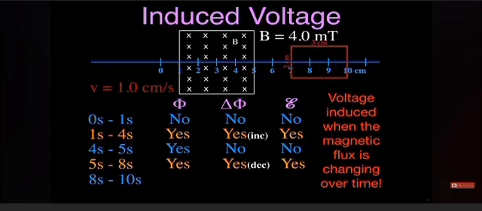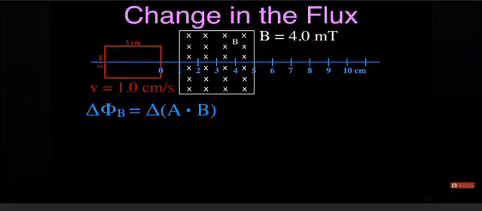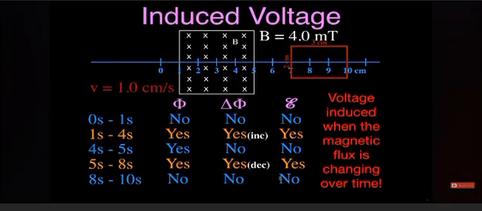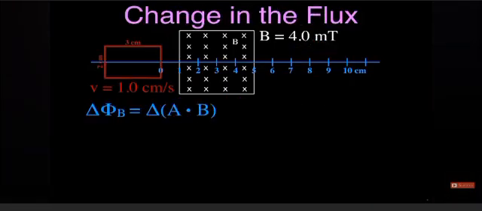And as we continue to move out from 8 to 10 seconds, there are no lines of force cutting through, which means that there's no change in magnetic flux, hence no induced voltage. So I hope you understand as we look at that qualitatively, what you should expect or what's really happening as we move our coil in and out of that magnetic field. This would be similar to what I was showing in the simulation in an earlier video. So we want to do actual calculations here.